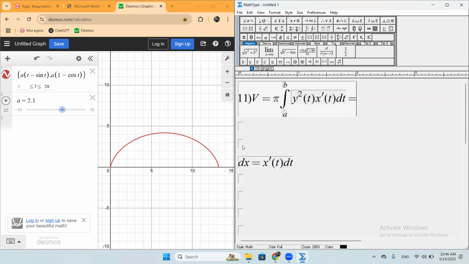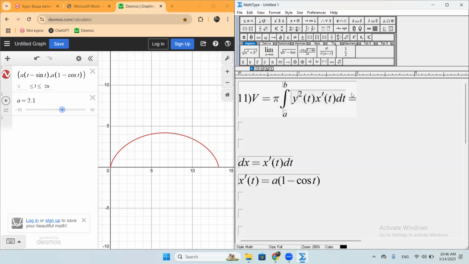Here x prime equals a times (1 minus cosine of t).